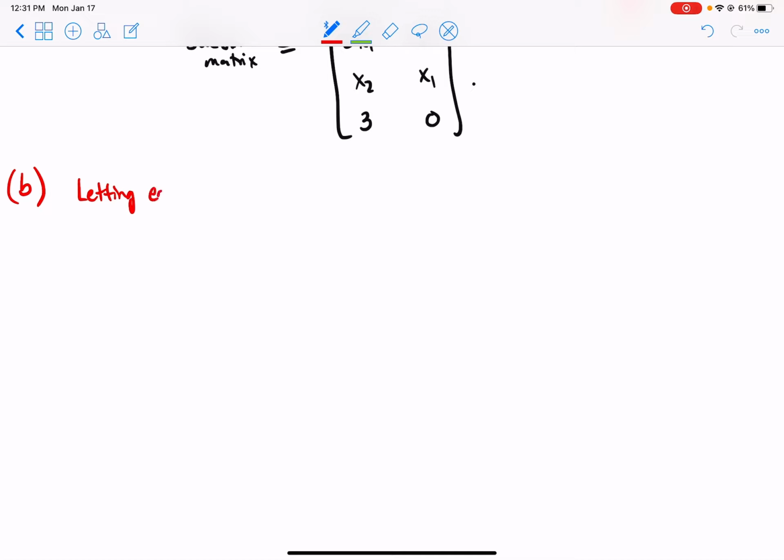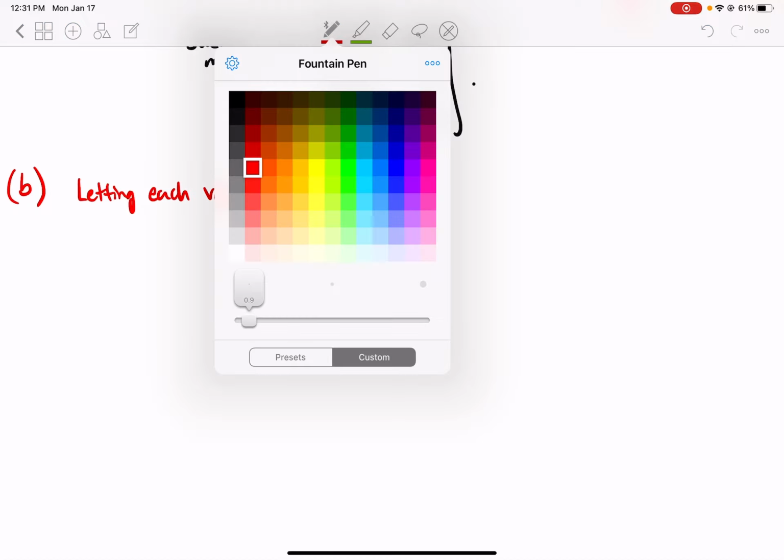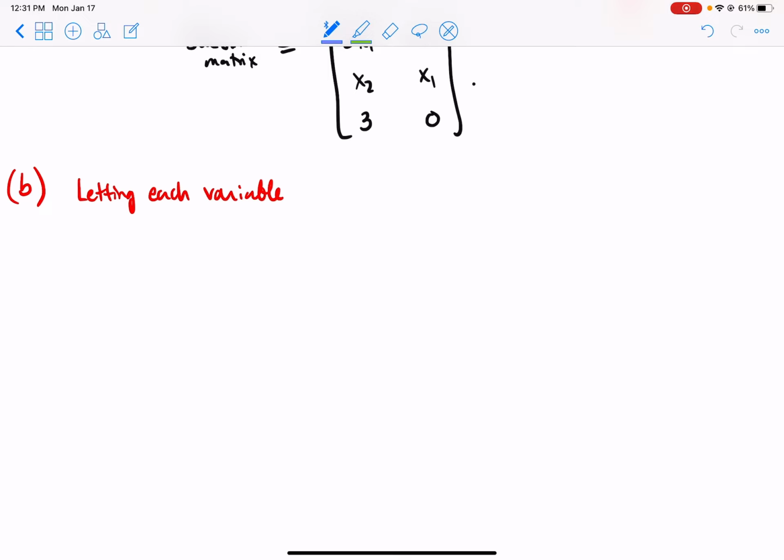Letting each variable, well, here, let me draw a picture first. So here's the input space. Let's draw it like this. And then the output space.